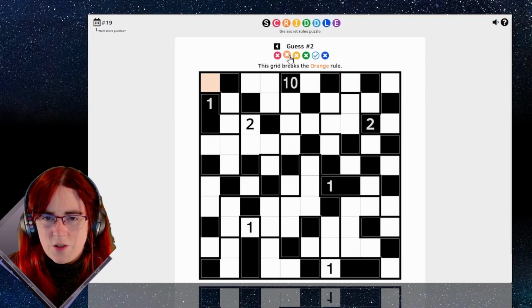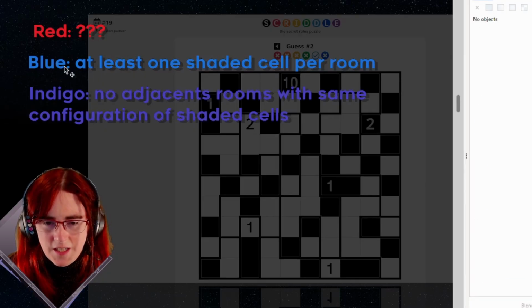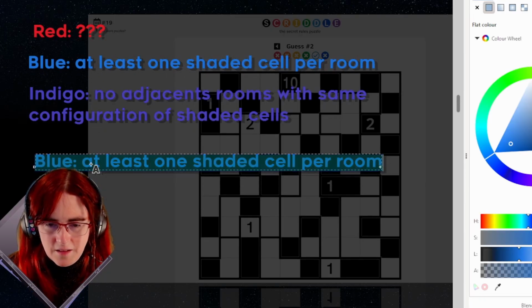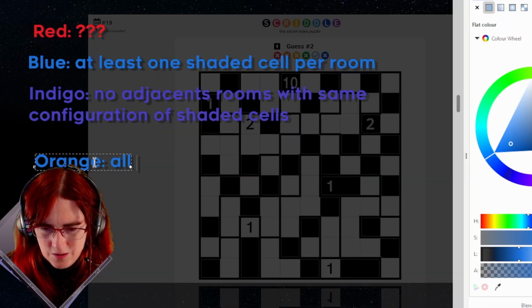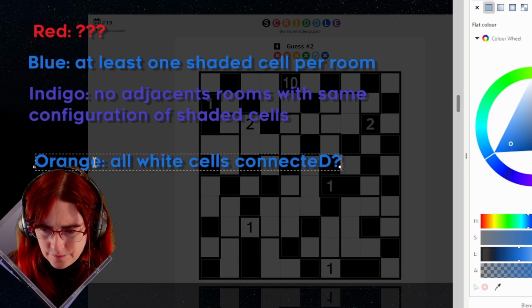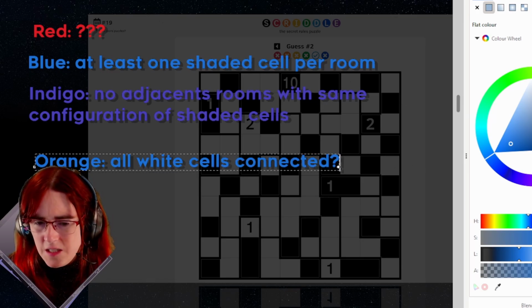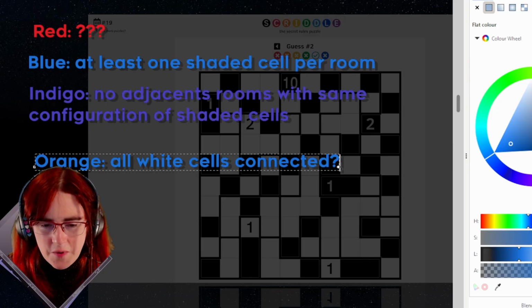Red, we're really not sure. Orange, I think orange is: all white cells connected? Maybe. That's my hypothesis.